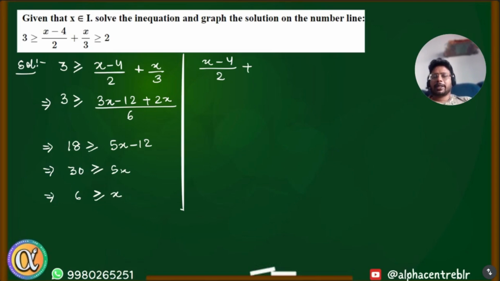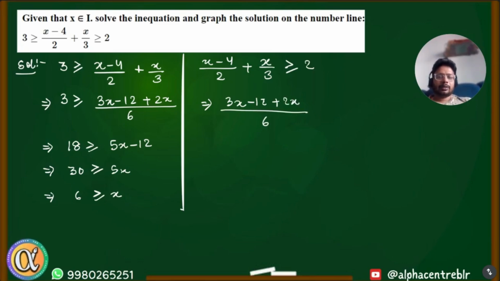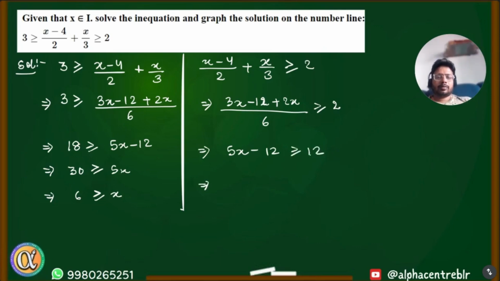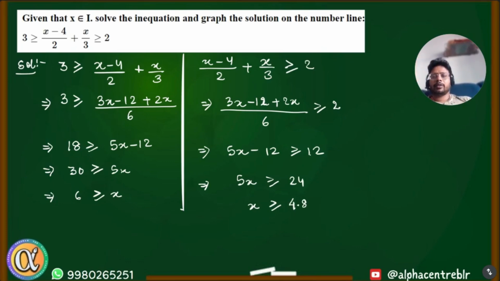So even this part, (x minus 4) divided by 2 plus x by 3 is greater than or equal to 2. Simplifying this, this is 3x minus 12 plus 2x, divided by 6, is greater than or equal to 2. 5x minus 12 is greater than or equal to 12. 5x is... So 4.8. x is greater than or equal to 4.8.